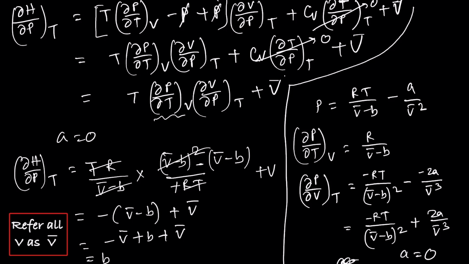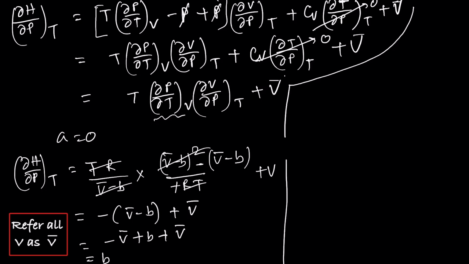If A is non-zero, then you should do this particular algebra, then invert it and put it there, and you will get an expression. But the interesting thing that I am going to show you here is that the Joule-Thomson coefficient mu J T is 1 by C p del H by del P at constant T, right.